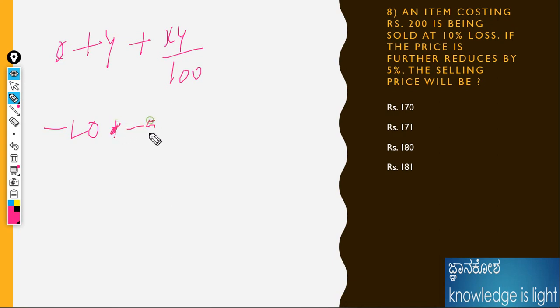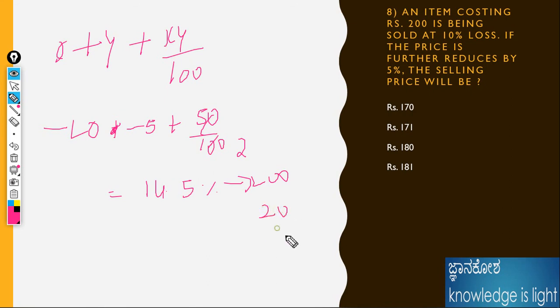That means minus 10, minus 5, and minus times minus means plus, so I write 50 by 100, that is 0.5. 15 minus 0.5, that means 14.5. 14.5% of 200: 10% is 20, 4% is 8, and 0.5% is 1, therefore 29. 200 minus 29 comes as 171, the answer for this question.